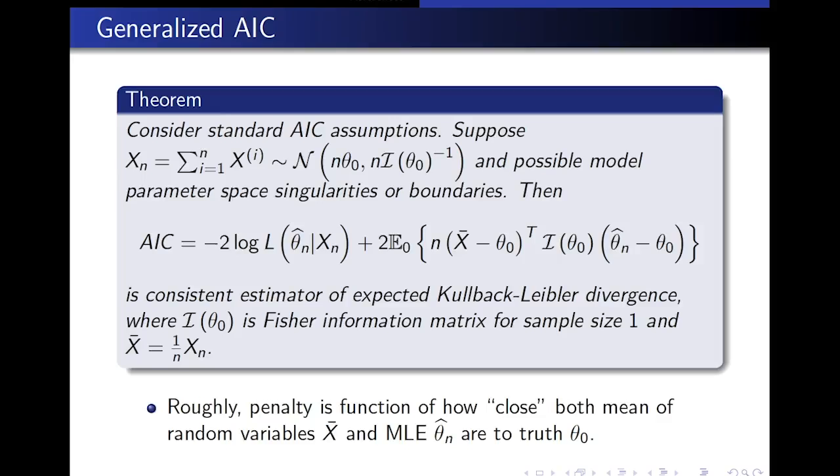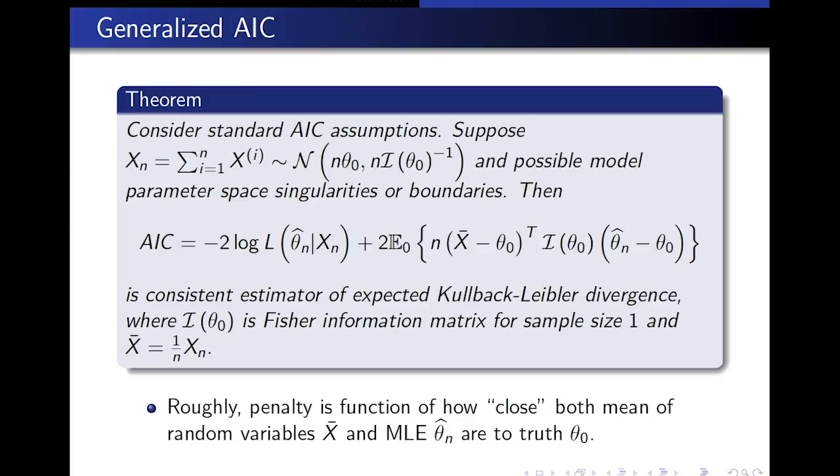We can arrive at a more general form of the AIC that is valid for models with or without singularities or boundaries. This form of the AIC is, as expected, again, -2 times the logarithm of the maximum likelihood, which is the term on the left, plus a penalty term, which is the term on the right.